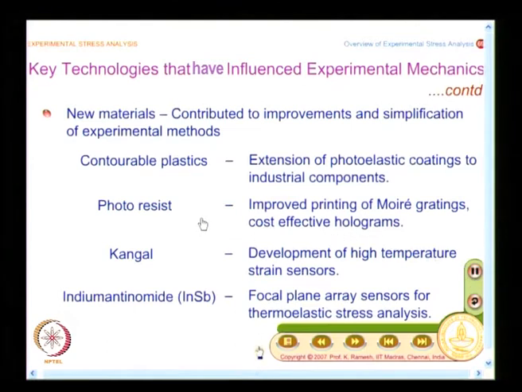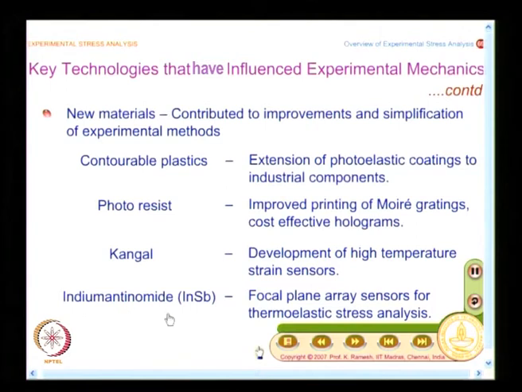And finally, indium antimonide has helped in the development of focal plane array sensors for thermoelastic stress analysis. One of the earliest methods for thermoelastic stress analysis used an equipment called SPATE, stress pattern analysis by thermal emission, which used only a single infrared detector.